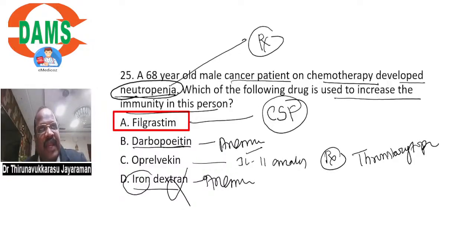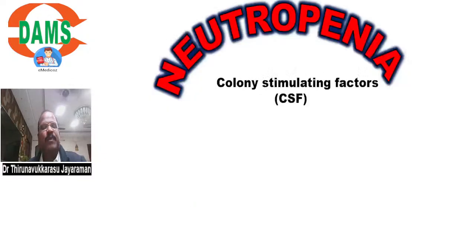That means for answering this question, when we teach in our regular class, we discuss how to manage anti-cancer drug-induced problems. For example, one of the problems is myelosuppression. In myelosuppression, three components are there: neutropenia, anemia, and thrombocytopenia. So if a patient following chemotherapy developed neutropenia, for correcting this condition we have one group of drugs called colony stimulating factors.